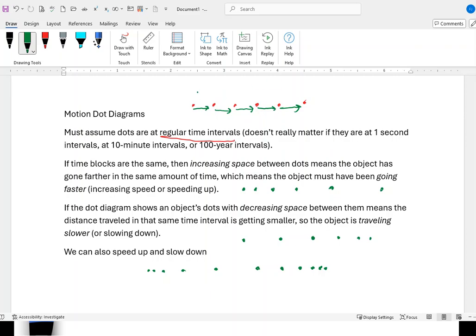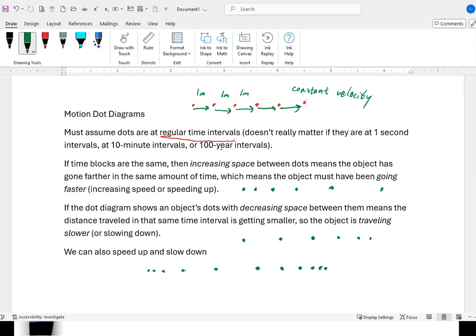In other words, if these are 1 meter, then this would be 1 meter, and this would be 1 meter. Or if they're 10 meters, then they'd each be 10 meters, and so on. The actual numbers themselves don't matter. It's just a visualization of what's going on. My point is, this is telling me that I'm traveling the same distance in the same amount of time, so I must be going at a constant velocity. Constant velocity. Okay? And also because I'm not changing direction and such.